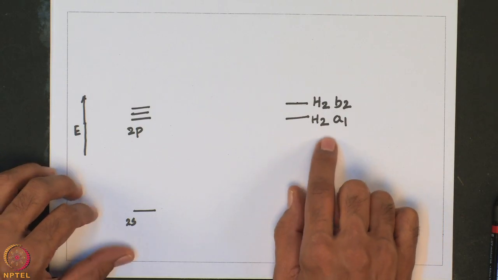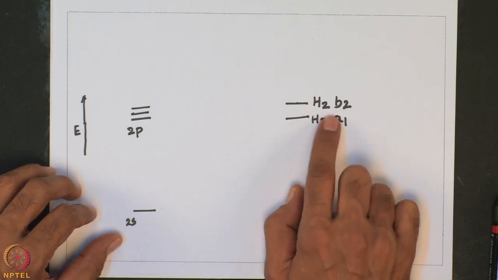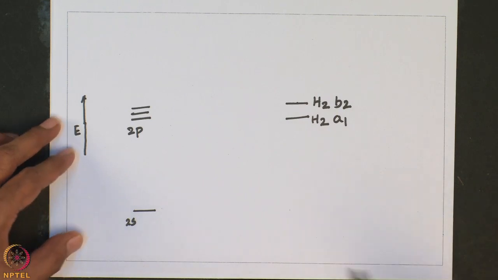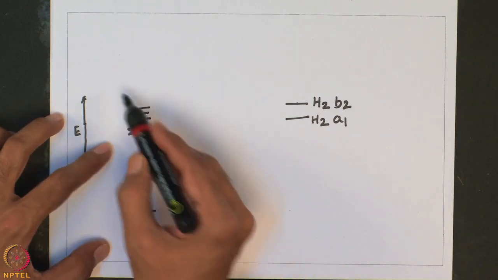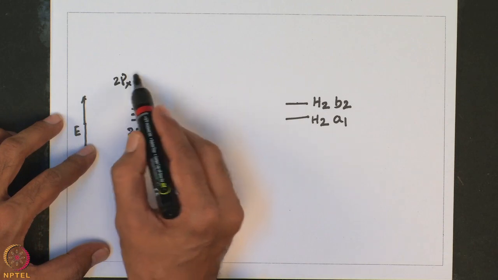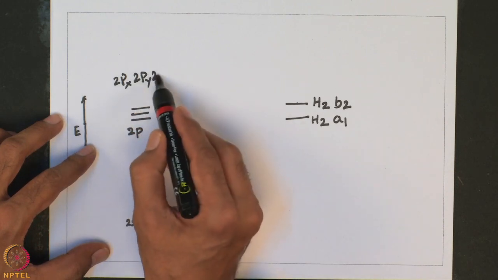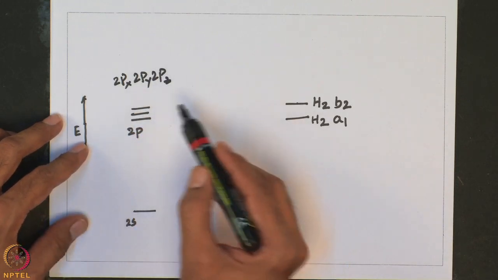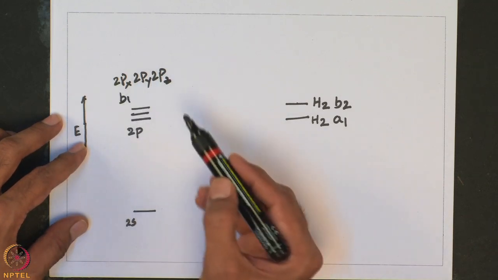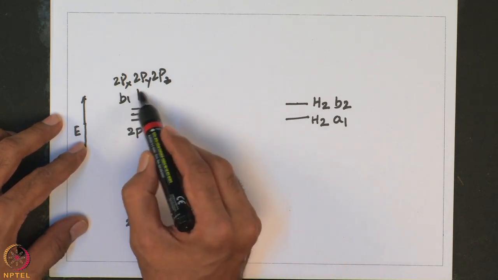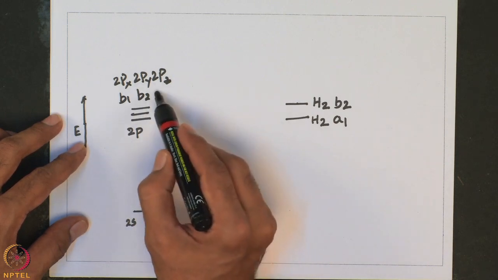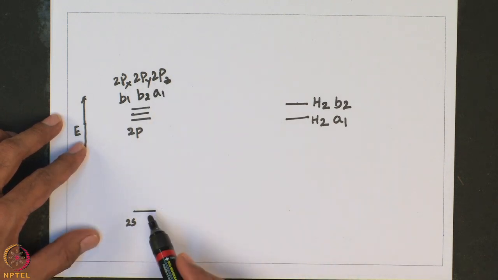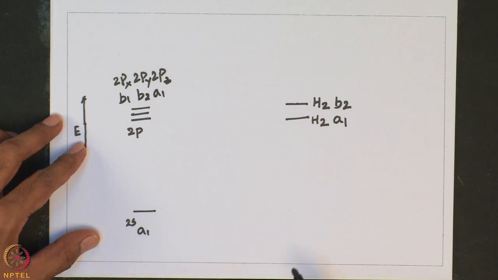Right now I am not going to dig deep into them, simply remember that for bonding H2 we have A1, and for anti-bonding we have B2. Okay. And of course here we have 2px, 2py and 2pz. 2px has B1 symmetry, 2py has B2 symmetry and 2pz has A1 symmetry, and of course S always has A1 symmetry.